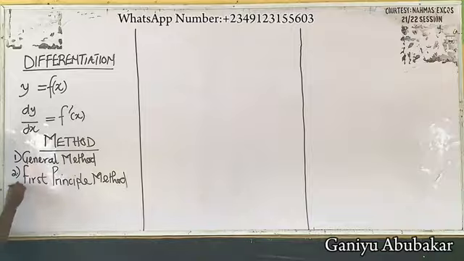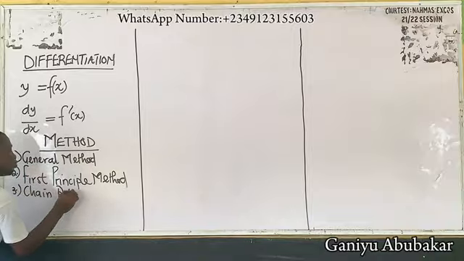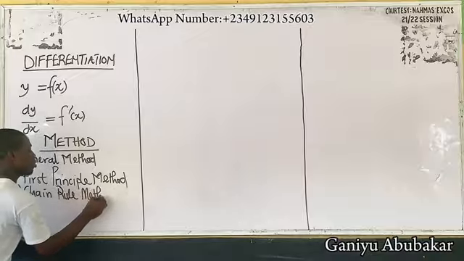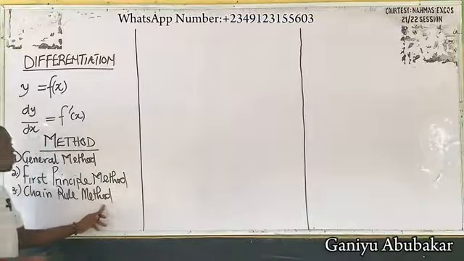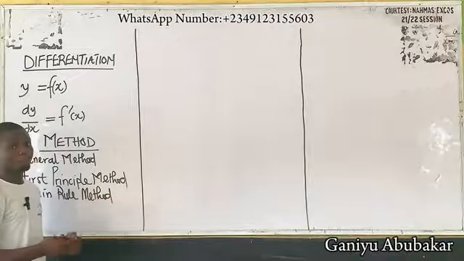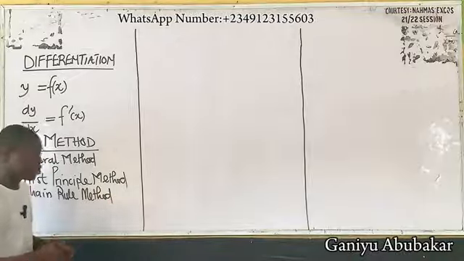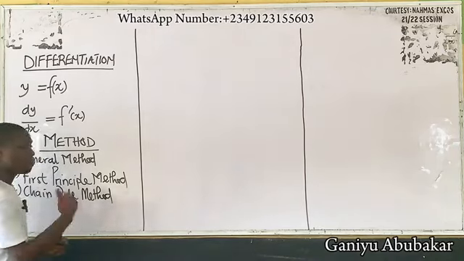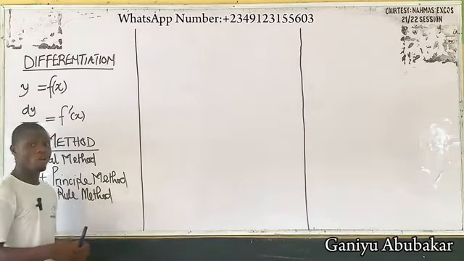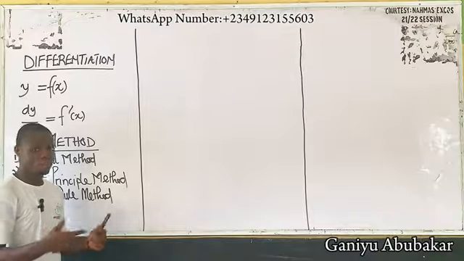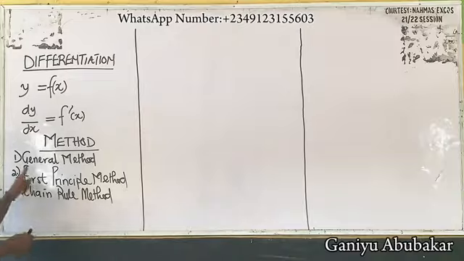Number 3 is called the chain rule method. So either I call it chain rule method, or function of a function, or function of several functions. So I have general method, first principle, chain rule.